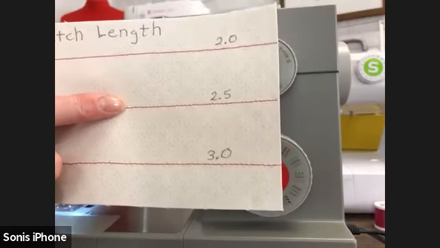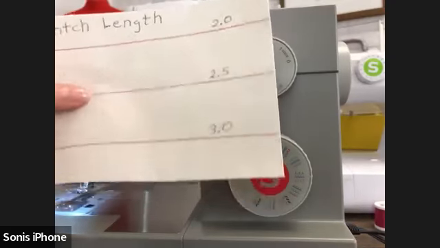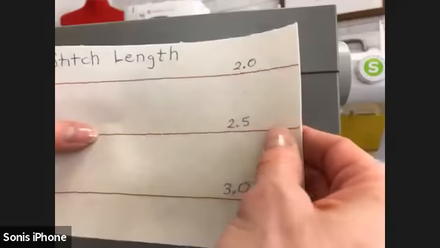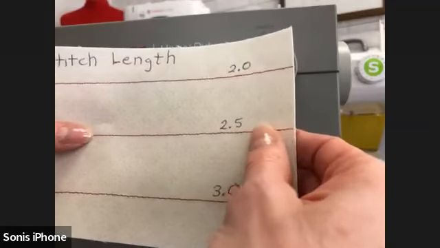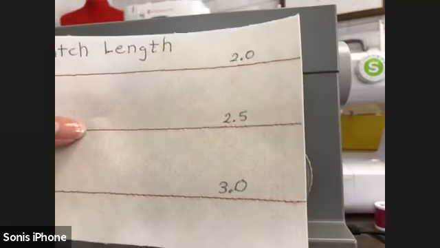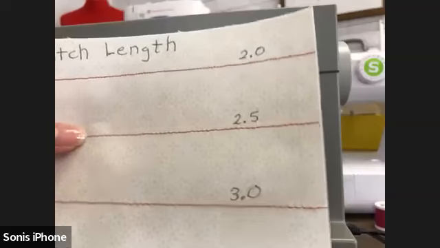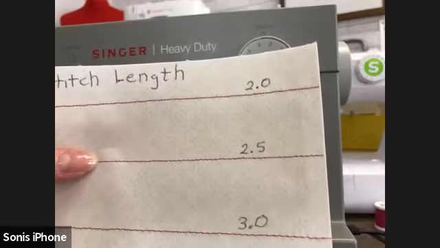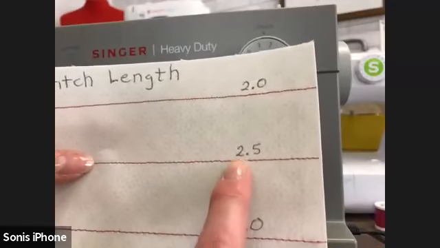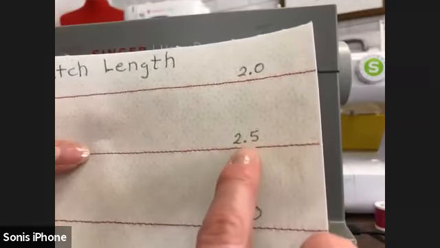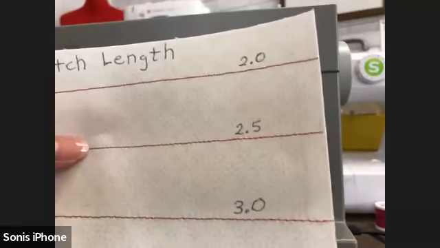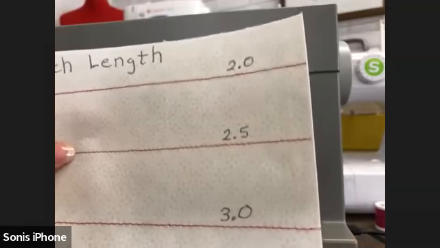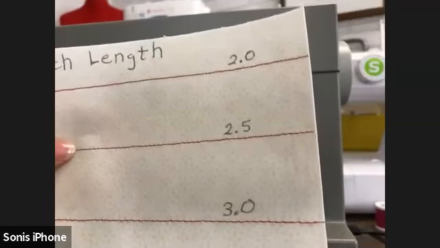So again, if you're taking notes, just your medium woven fabrics, 2.5 is the stitch length you want to use. And that actually is in millimeters, really the size of the stitch itself. Depending upon your machine, it may not say 2.5, it's just going to be in the middle. This is kind of the middle stitch length, your average stitch length is 2.5.